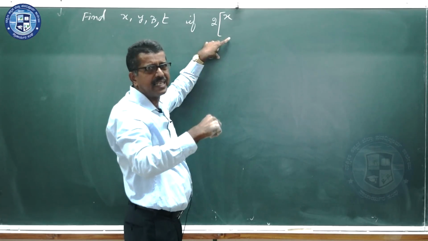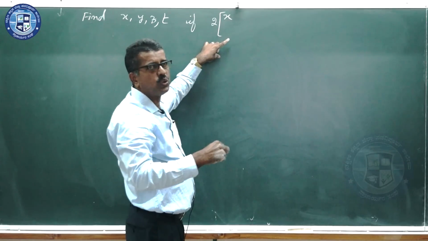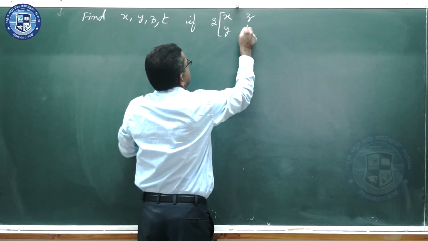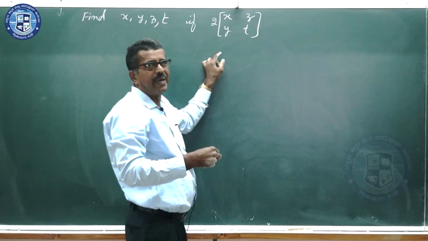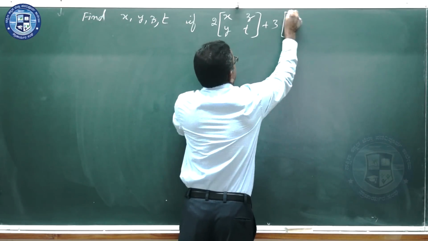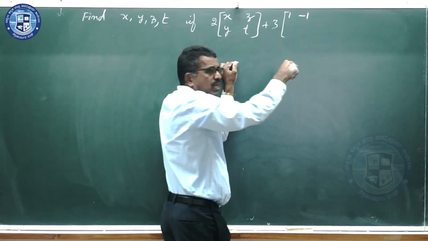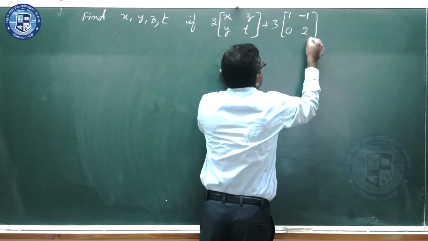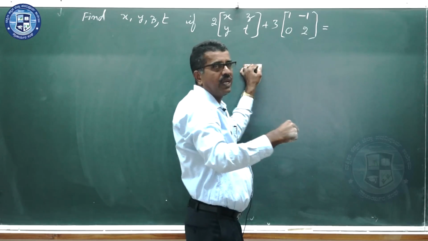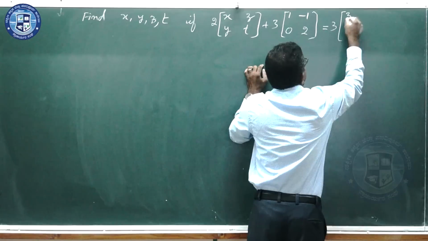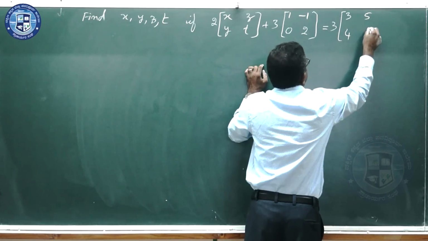Suppose the given matrix is of order 2 cross 2, x z y t. That is the first matrix, and the second matrix is 3 1 minus 1, a 2 cross 2 matrix with 0 2, and that will be equal to the right hand side which is given, 3 3 5 4 6.